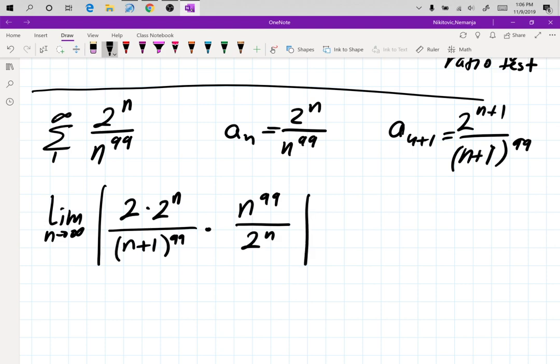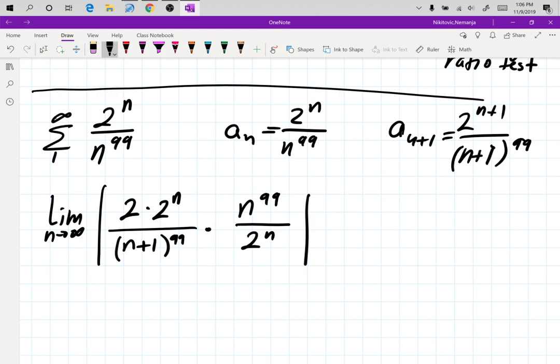So you just peel off what you need, write it, and then instead of dividing by the second one, multiply by the flip.